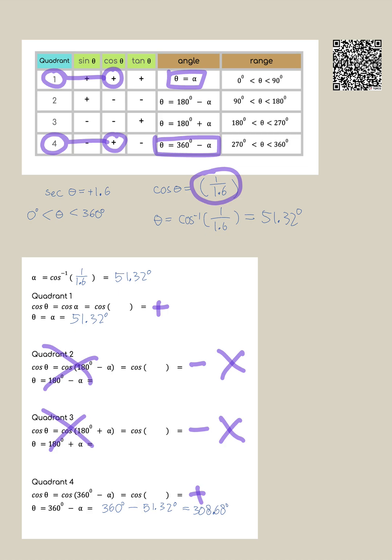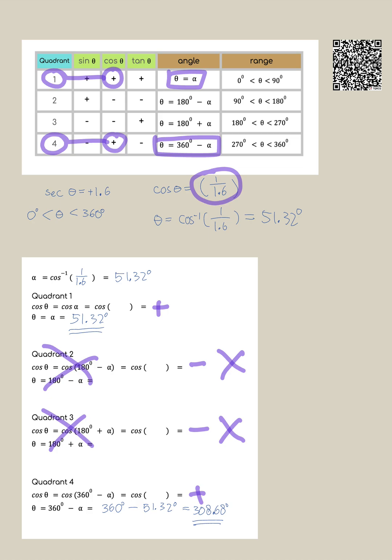So that's our two answers, 51.32 and 308.68. That's all. If you present this working on paper, you should get full marks for the question.